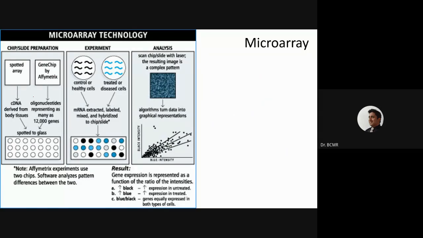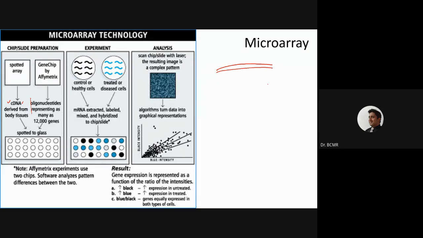So you can do many things, but I'm looking at oligonucleotides, not the cDNA, because here I'm trying to read at the level of genetic variation. That means I haven't come to gene expression. If I'm doing cDNA, then I would be working at the gene expression level, because cDNA is made from mRNA.